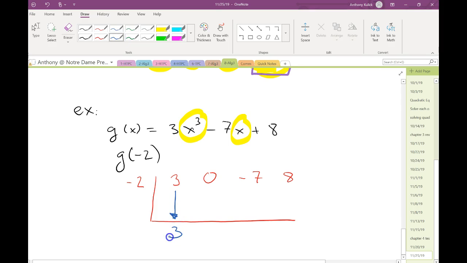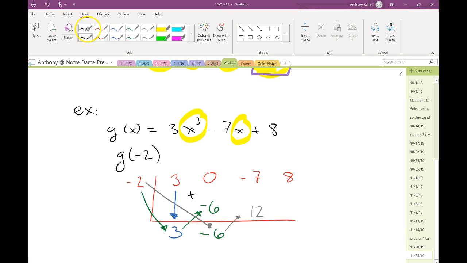So I start by bringing down the 3, and then negative 2 times 3 gives me negative 6. And when I add down, I get negative 6 still. Then negative 2 times negative 6 gives me positive 12. I add down, and I get 5.